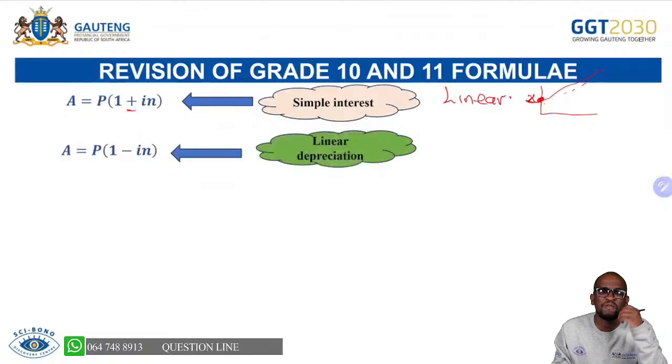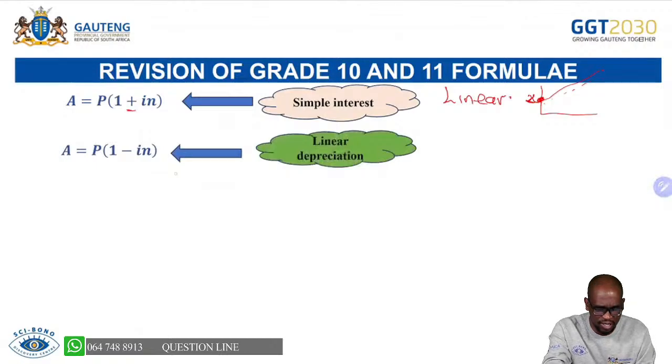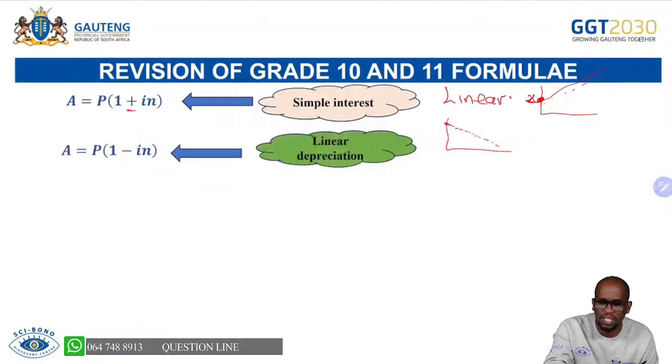If the decrease is linear, then it is governed by a linear depreciation formula, which is simple interest. This is also linear, but the graph will be a decreasing function instead of an increasing one. But it is still linear.